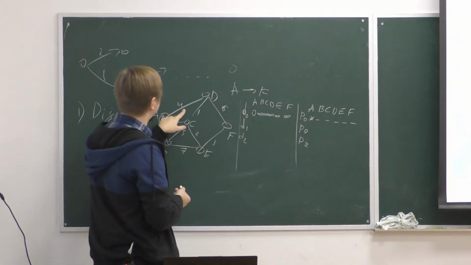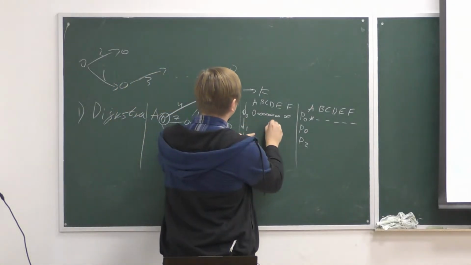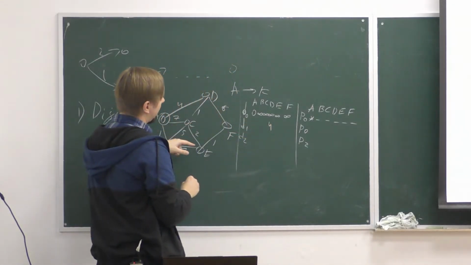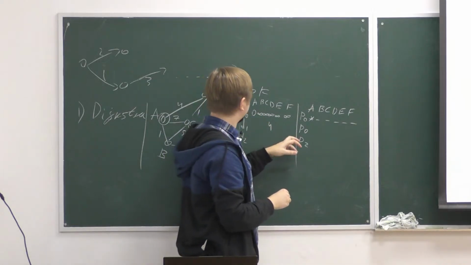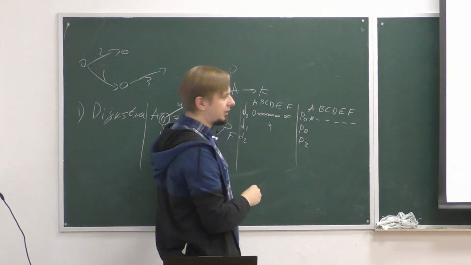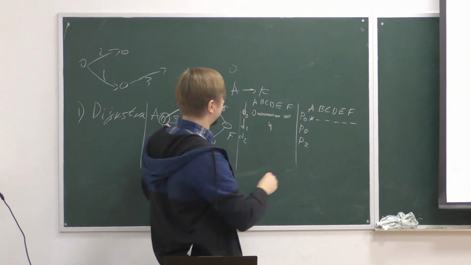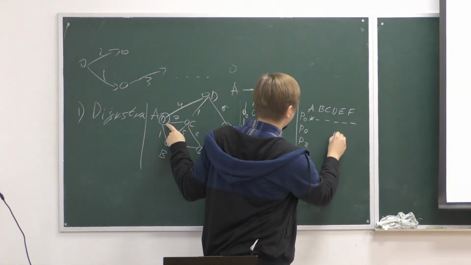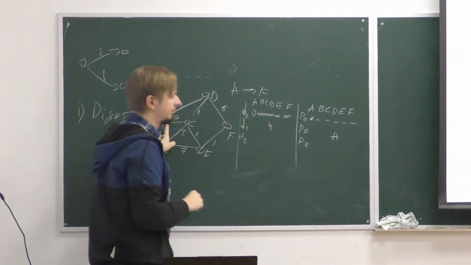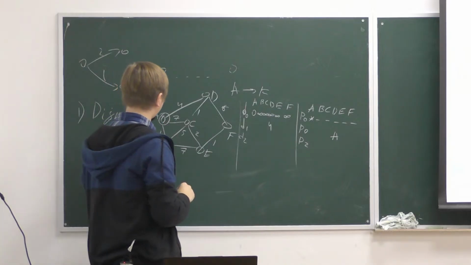So here we change D to 4, and the predecessor of D will be A, so we put A here.